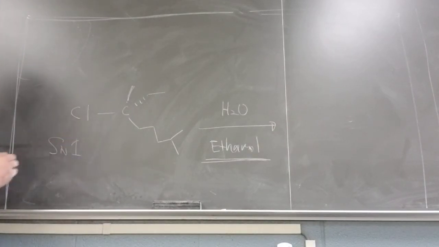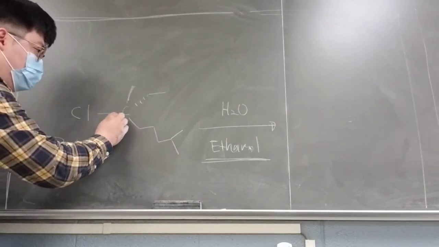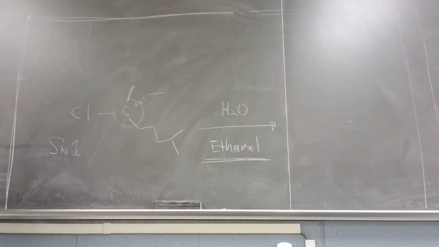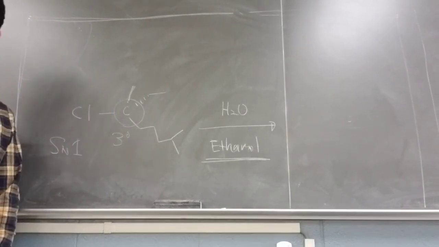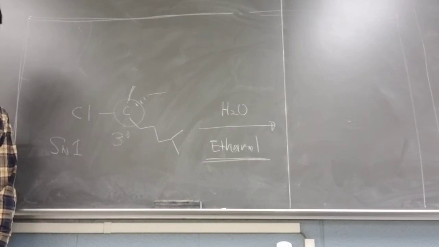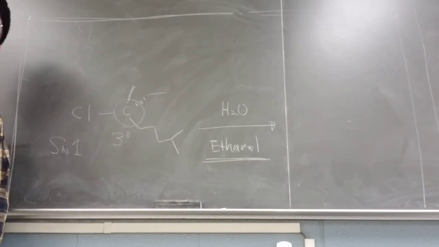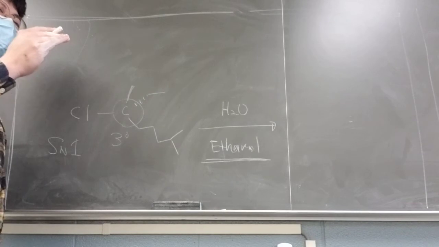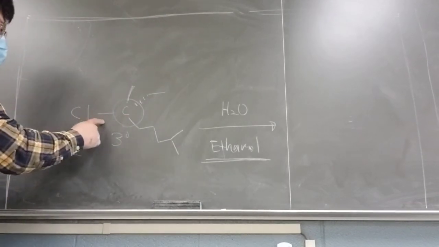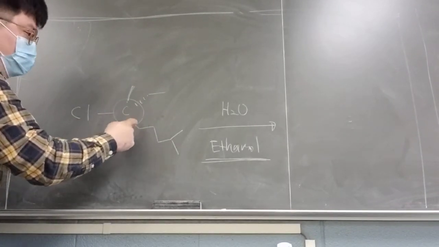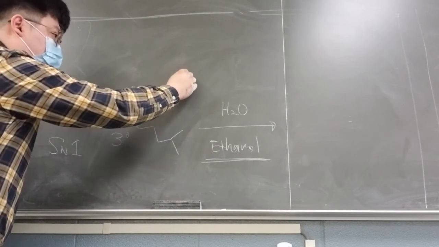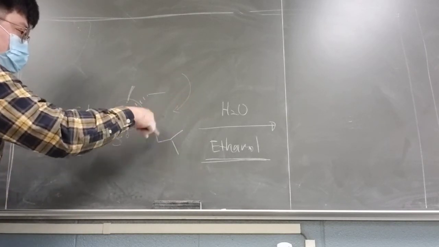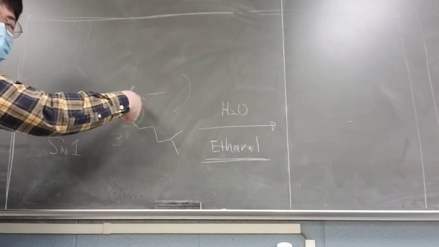Also, if you look at this carbon right now, this is a tertiary carbon. Tertiary is very slow in SN2. You guys remember this, right? Because SN2 has to come from the back, where the leaving group forms the transition state, but it's really bulky on the other side, so the nucleophile can't come into the back because it's too crowded here.